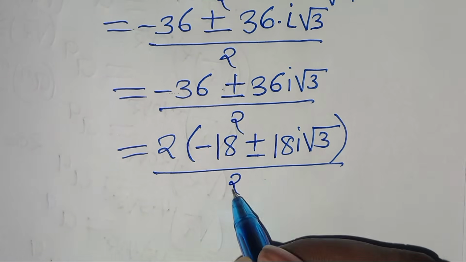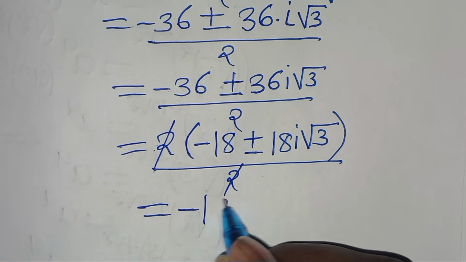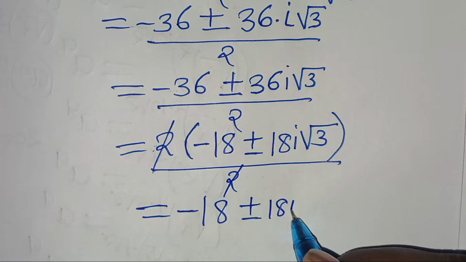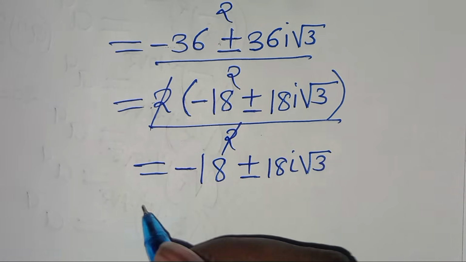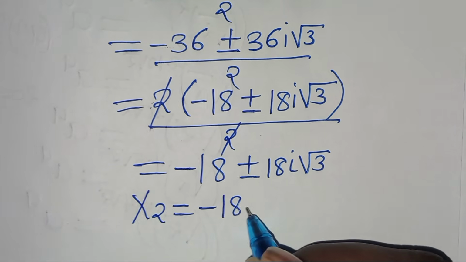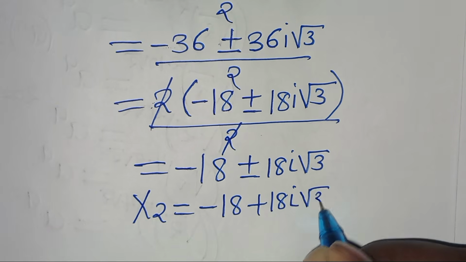Now, let's simplify 2 and 2 here so that we have negative 18 plus or minus 18i square root of 3. So this is to mean that x2 is equal to negative 18 plus 18i square root of 3.